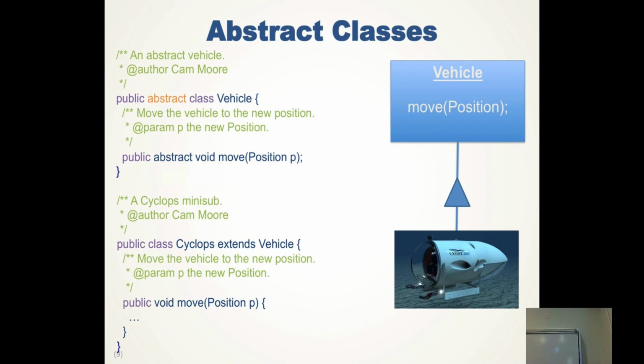Moving a submarine is very much different than moving a truck or an airplane. They all could be vehicles. They could all have the method move, but the vehicle class doesn't know how to implement a move method for each possible subclass. So the designer decided to make it abstract.